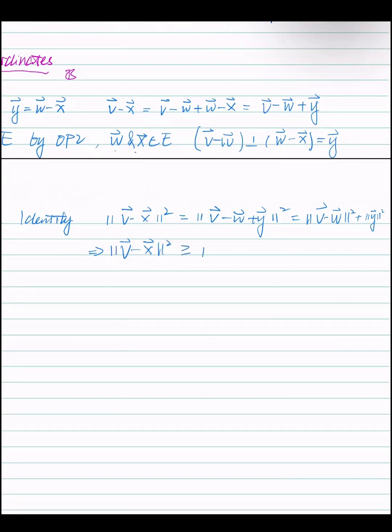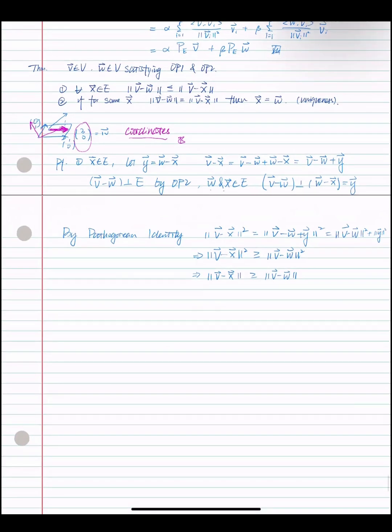So the norm of V minus X squared has to be greater than or equal to the norm of V minus W squared. Then in the end, we just take the square root on both sides.